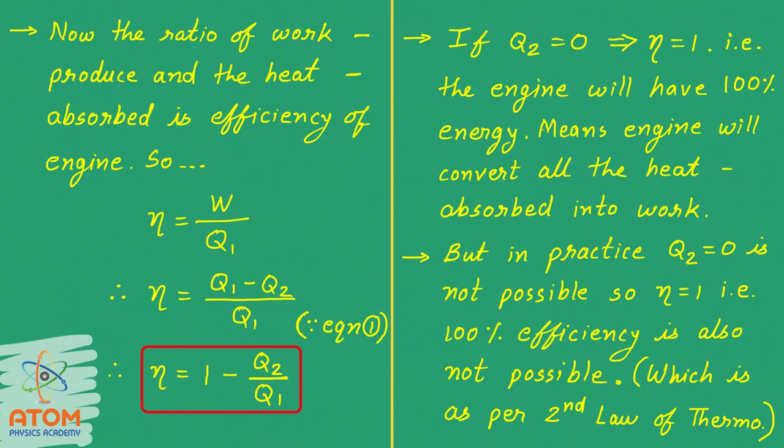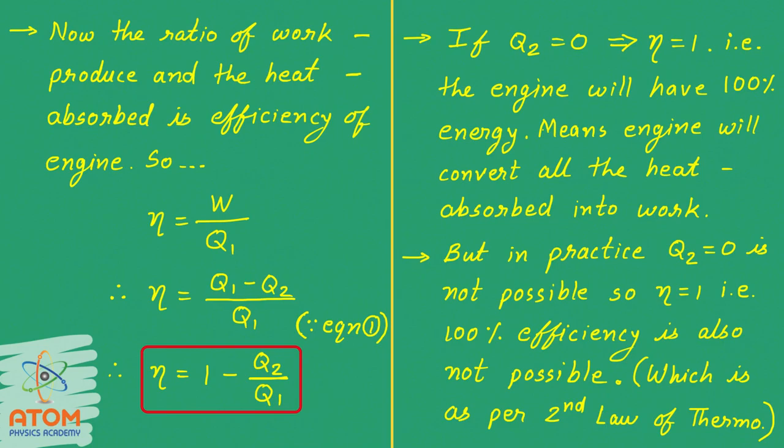But in practice Q2 will never be 0 and so eta equal to 1 is also not possible. That means 100% efficiency is not possible. Understood? See, the equation shows that if Q2 is 0 then efficiency will be 1, that means it will be 100%.